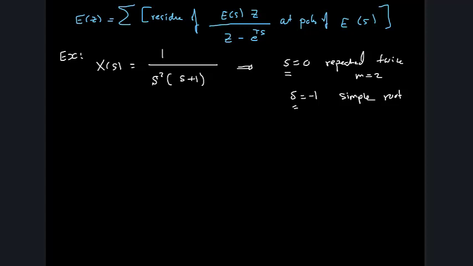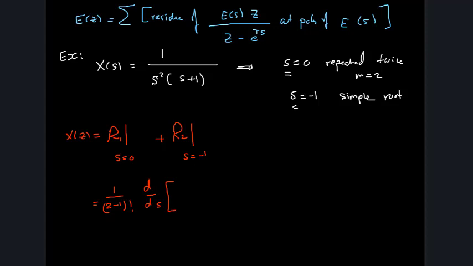So now X(z) will equal the first residue calculated at s equal to 0, which is the repeated one, plus the second residue calculated at s equal to minus 1. Now the first one is the repeated root of order m, so R1 will equal 1 over (2 minus 1) factorial, d^(2-1), which is d/ds.